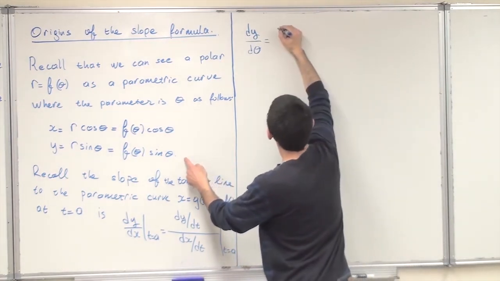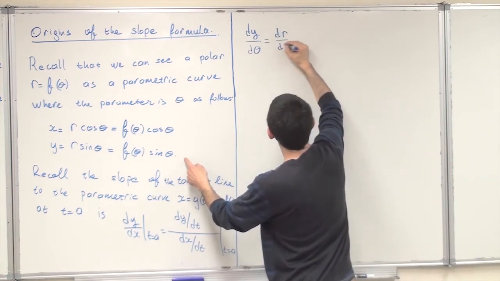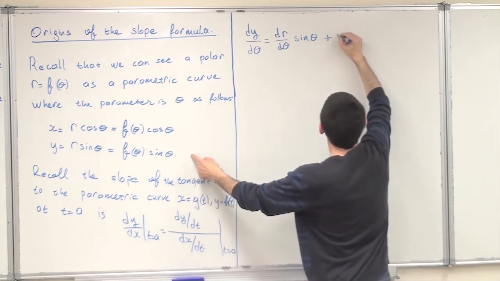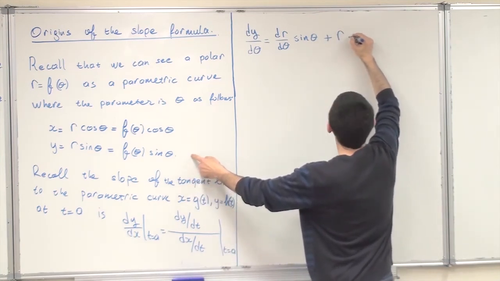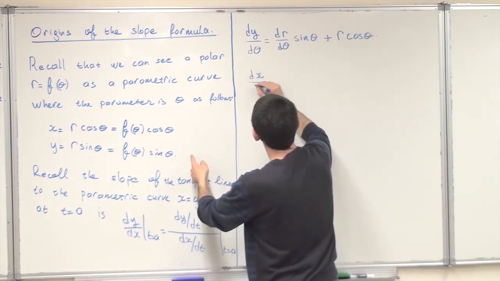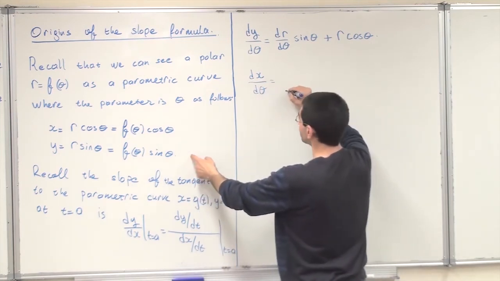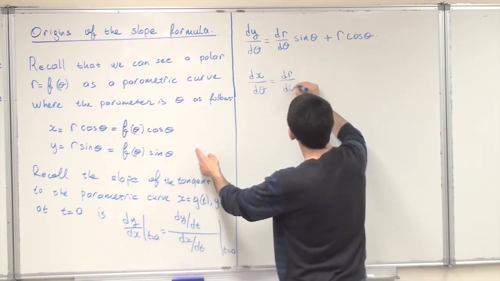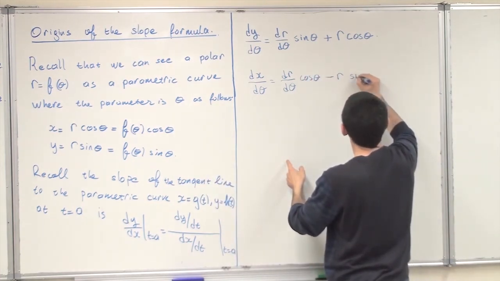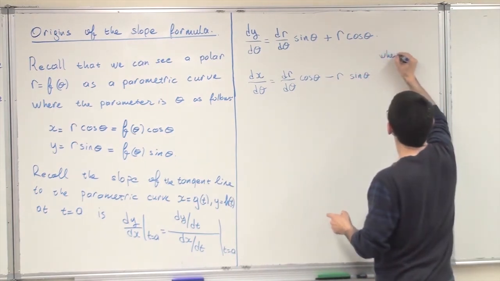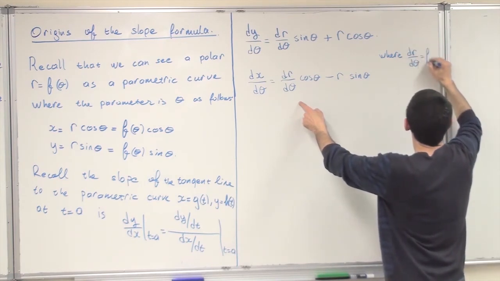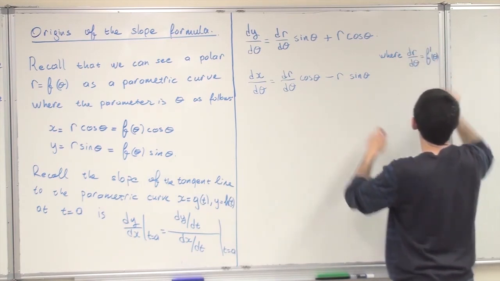So, we get dr over d theta sine theta plus r cosine theta, and dx over d theta is dr over d theta cosine theta minus r sine theta. And here, dr over d theta is in fact the derivative of f with respect to theta.